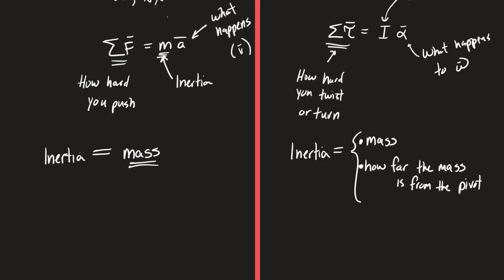In fact, the third part of this is the shape of the object, which is also a lot about how far the mass is from the pivot. So although when it came to just moving an object from one place to another, all we cared about was the mass, when it comes to spinning an object, the shape of the object matters. And the most important quality is how far the mass is from the pivot point.